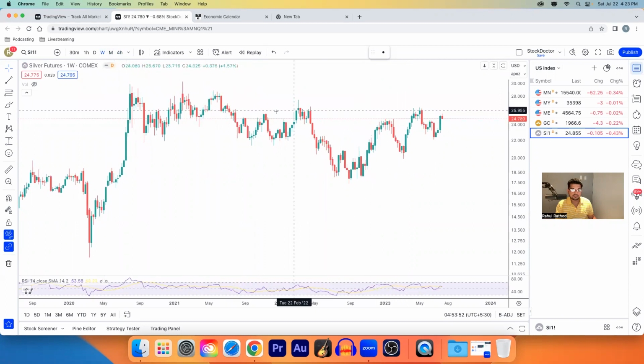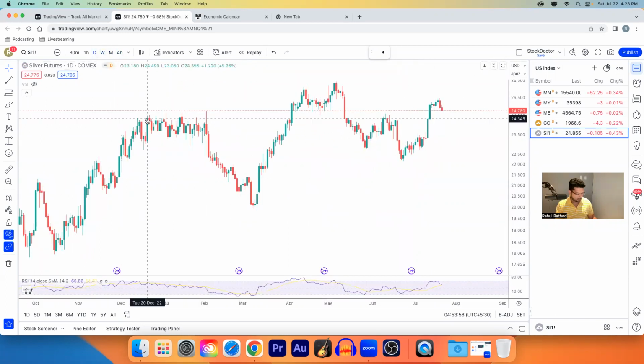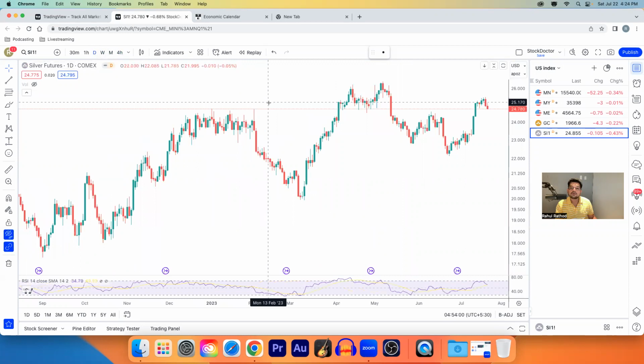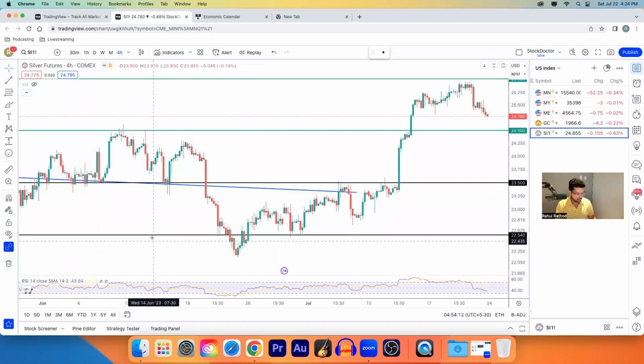Now the weekly chart is not showing anything. On the day chart, you can see the day chart is showing some weakness, and the 4 hourly chart is saying these levels. So let's unhide the drawing and understand.